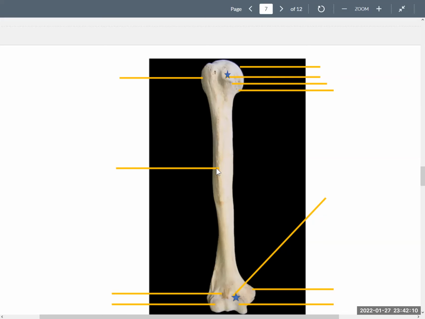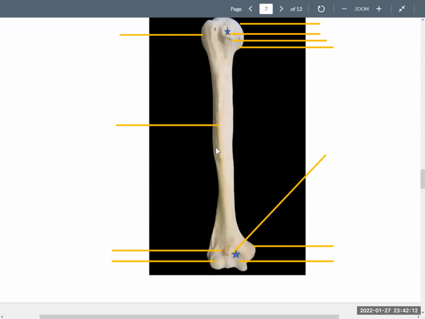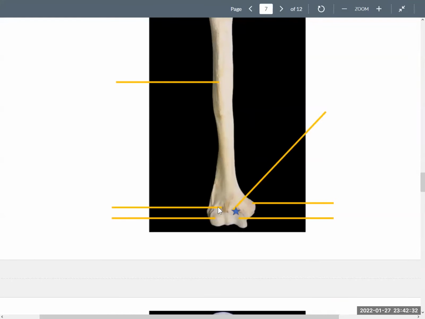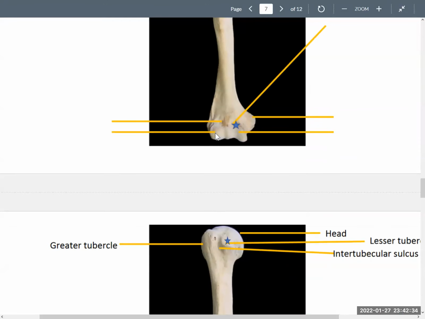Okay, looking at your notes if you have them, what do you think that is? Halfway down the humerus. The deltoid tuberosity. Exactly. Thank you. Okay, now we've got a few more down here. Now this is still a right bone.